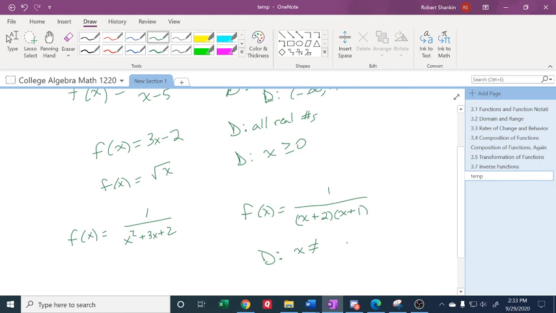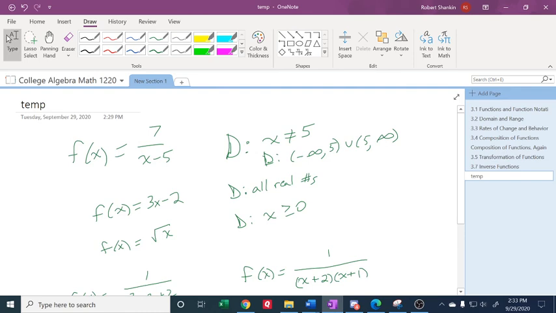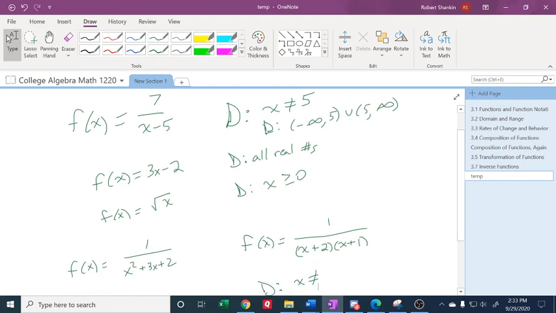Okay, now if x was 3, it would not cause 0 to happen in the bottom of the fraction. 3 plus 2 would be 5, 3 plus 1 would be 4, and it's not really like 5 over here, because if x is 5, it causes the bottom of this fraction to become 0, which is not allowed.